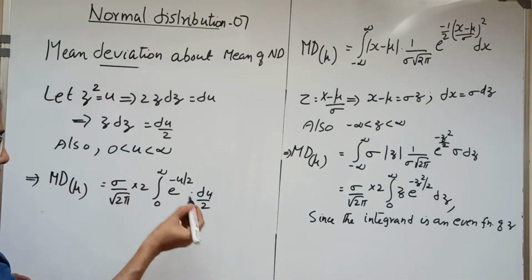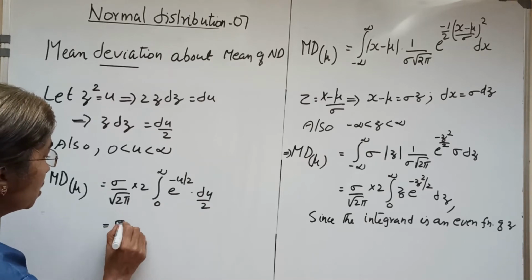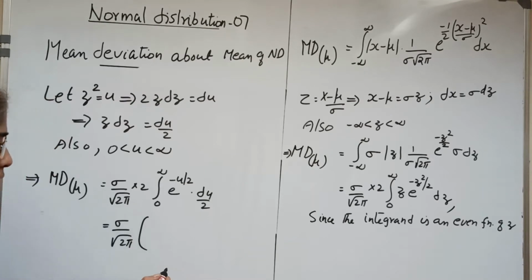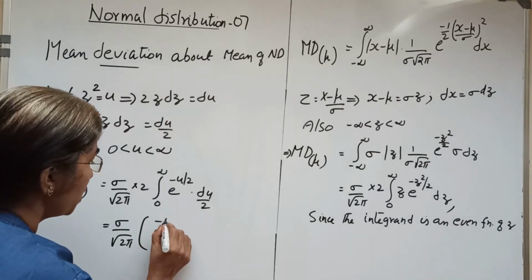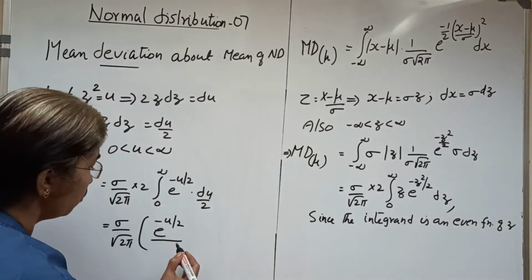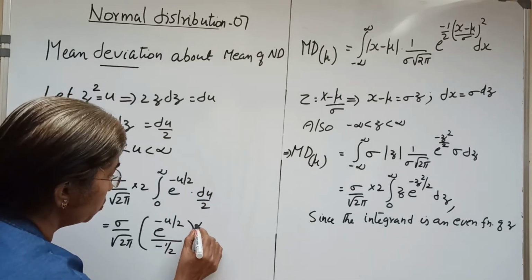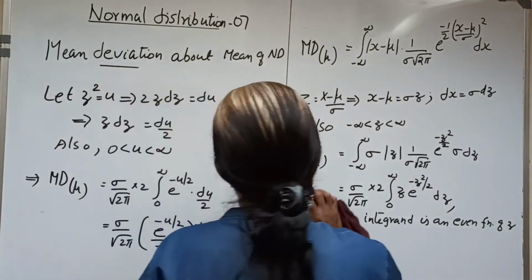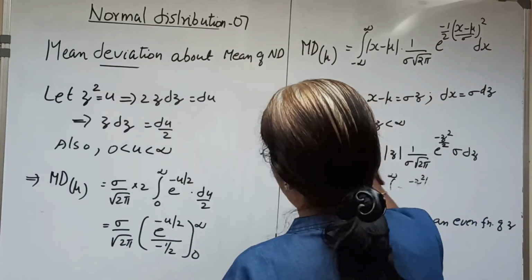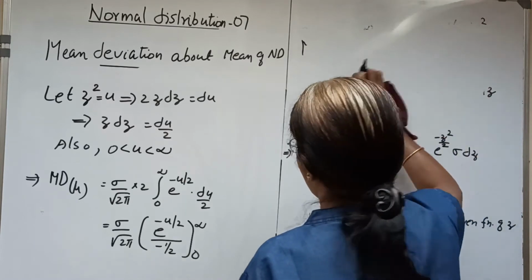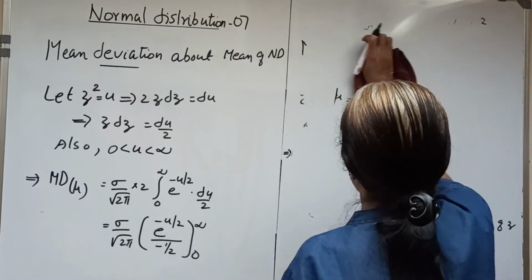So 2 cancels. That is sigma by root of 2 pi into simple integration, e raised to minus u by 2 divided by minus 1 by 2, over 0 to infinity.